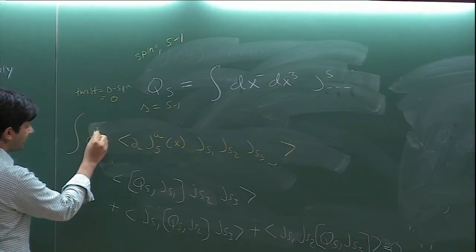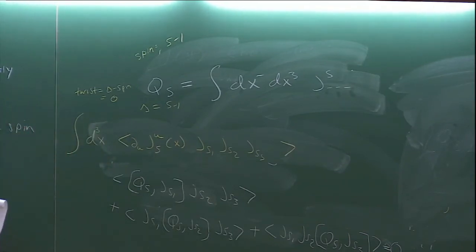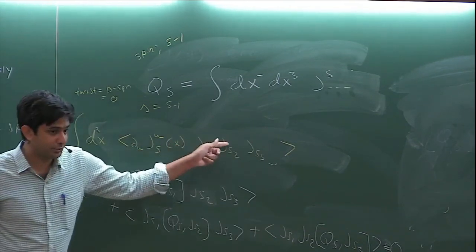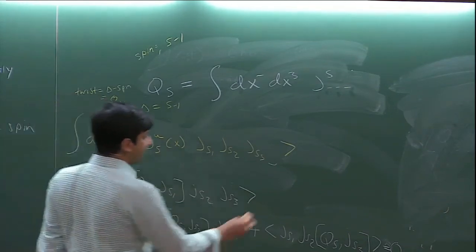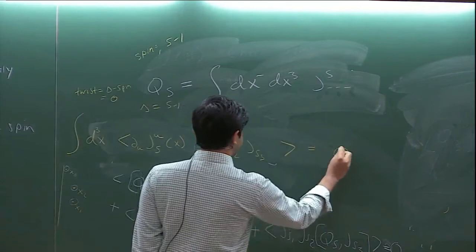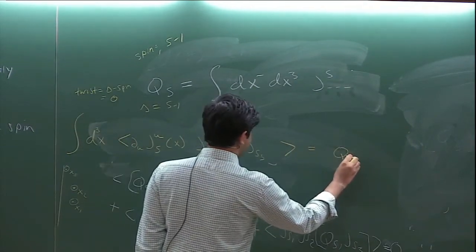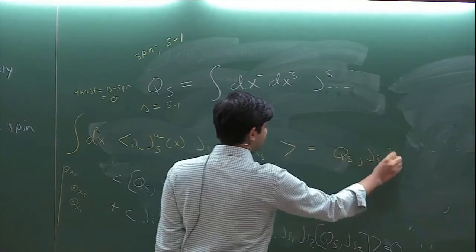We carry out a volume integral in a volume which excludes the points x1, x2, and x3. By the divergence theorem, you can replace this by a surface term, a flux over the surface, which in turn is nothing more than QS acting on JS1.